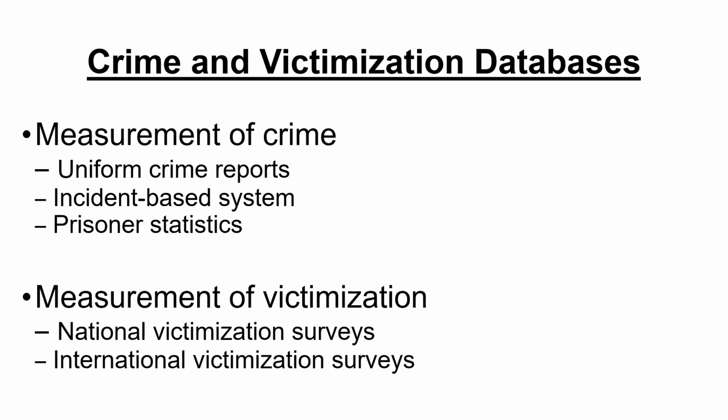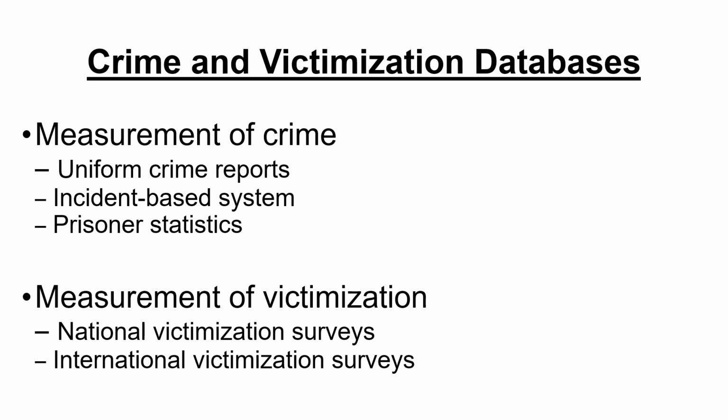But then we also have certain tools that we use to measure victimization in and of itself. We'll talk a little bit about why the UCR and the NIBRS are not necessarily the best tools to measure victimization.